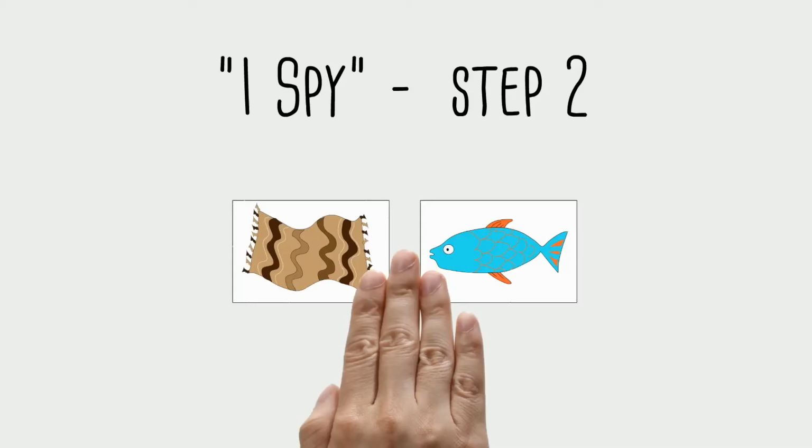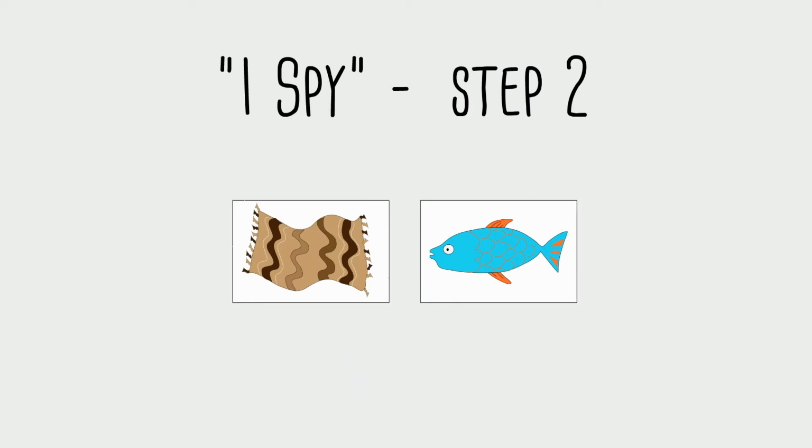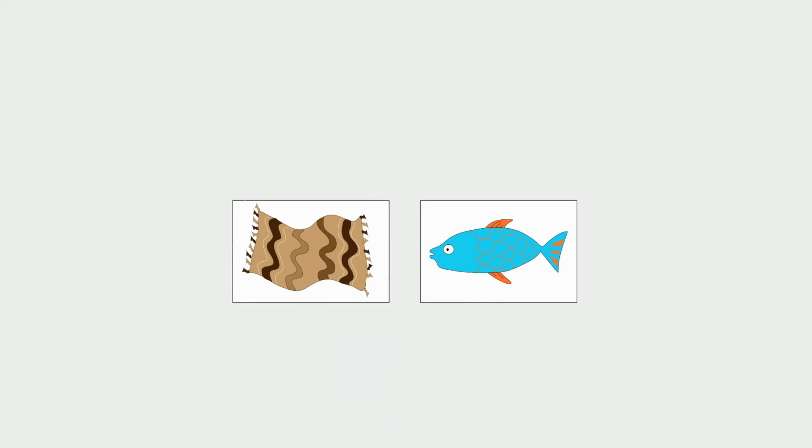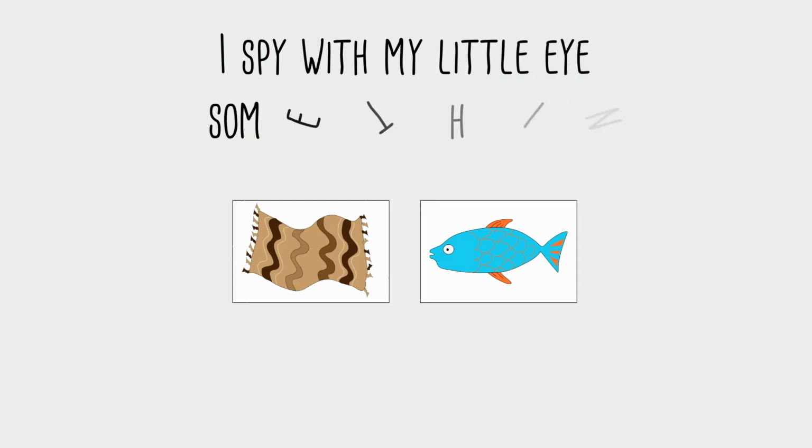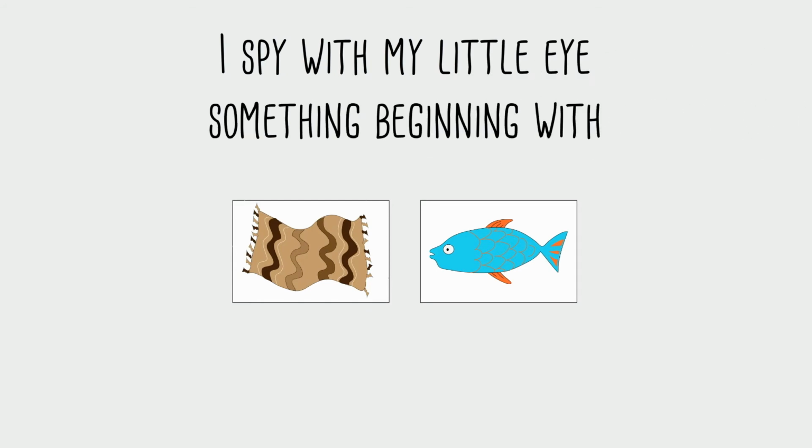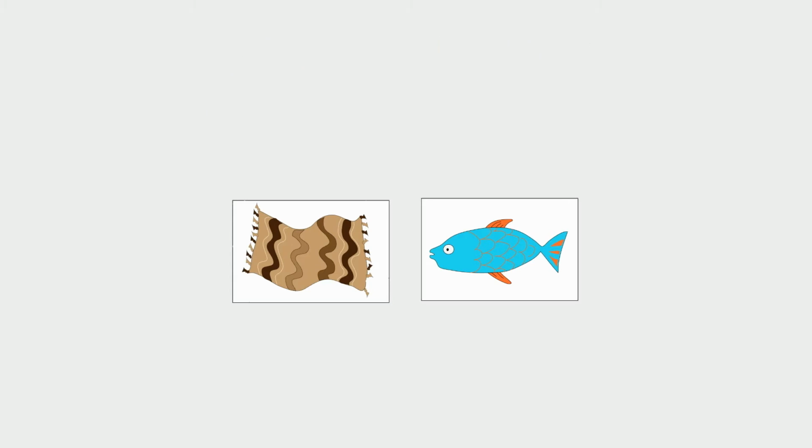Hold or place down 2 familiar objects or picture cards, the names of which do not begin with the same sound. I spy just one of them by giving the first sound. For example, I spy with my little eye something beginning with M. When a correct answer is given, repeat the word and sound.